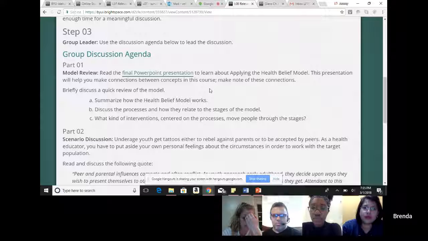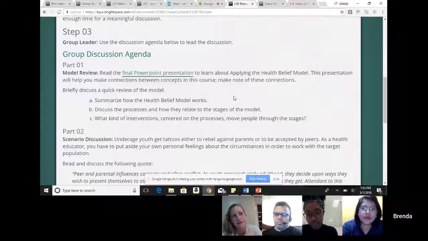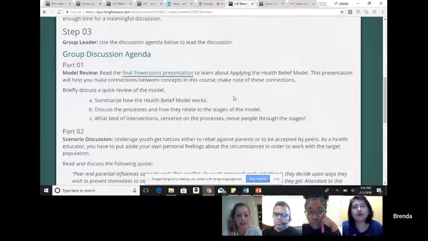So that word motivation really helped me understand why people would or would not take advantage of looking into their health or changing their health behavior. And correct me if I'm wrong, but I feel like self-efficacy was a huge part of it. Oh yeah, for sure. People have to feel confident in their ability to accomplish the task at hand or to make a change, and actually take part in it.